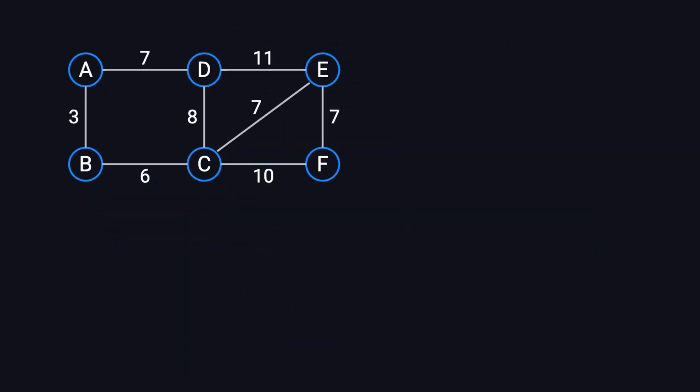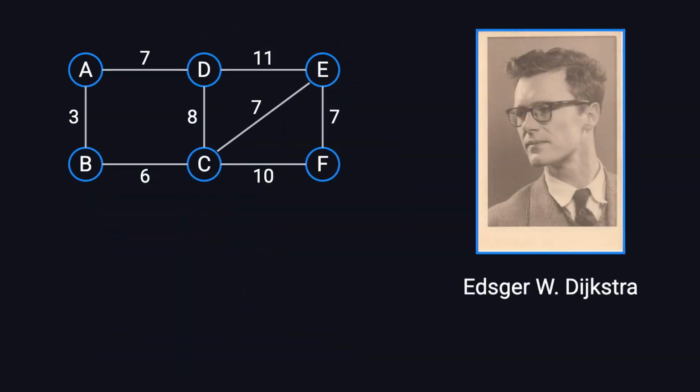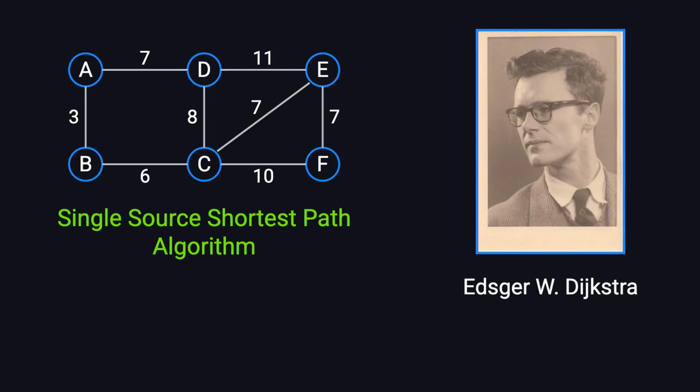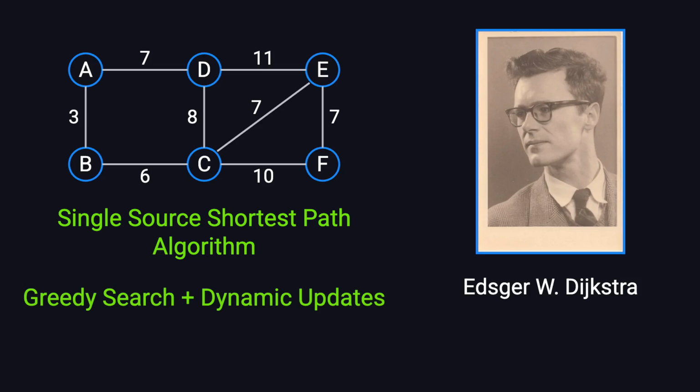But before we dive into A*, let's do a quick recap of its predecessor, Dijkstra's algorithm. Dijkstra is a single-source shortest path algorithm. That means it finds the shortest paths from a starting point to all other nodes in a graph. And of course, if you only care about the shortest path from a start to a specific goal, Dijkstra works just as well. The basic idea is a mix of greedy search and dynamic updates.